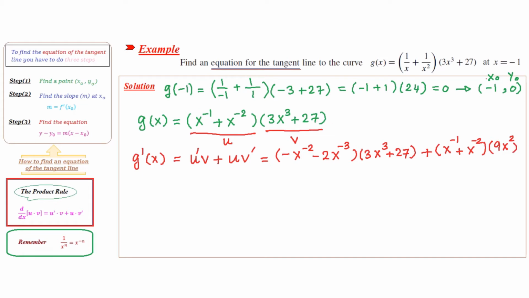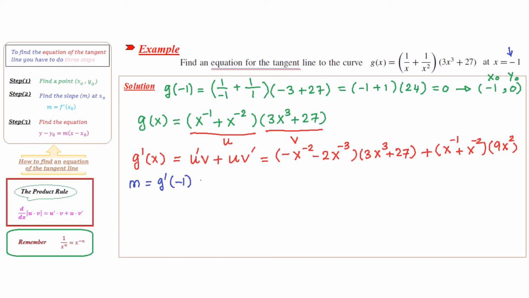Now you have to replace the value of x, which is x equals -1, in the derivative function. So the slope m equals g prime of the given x, which is -1.